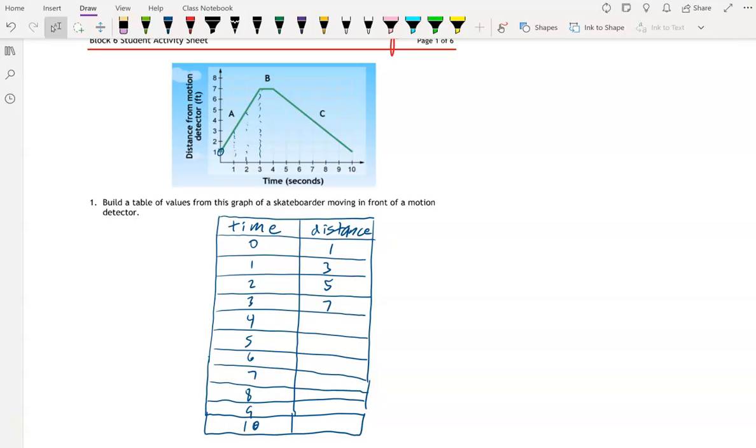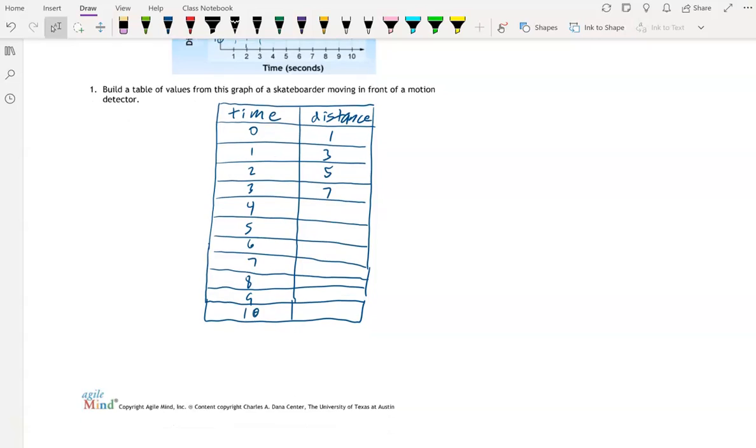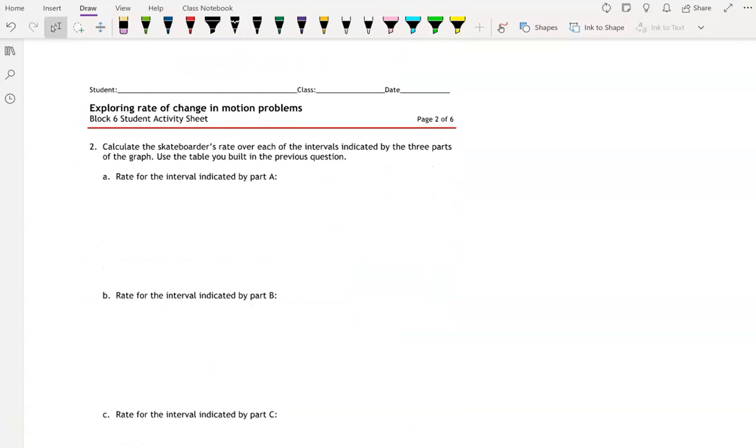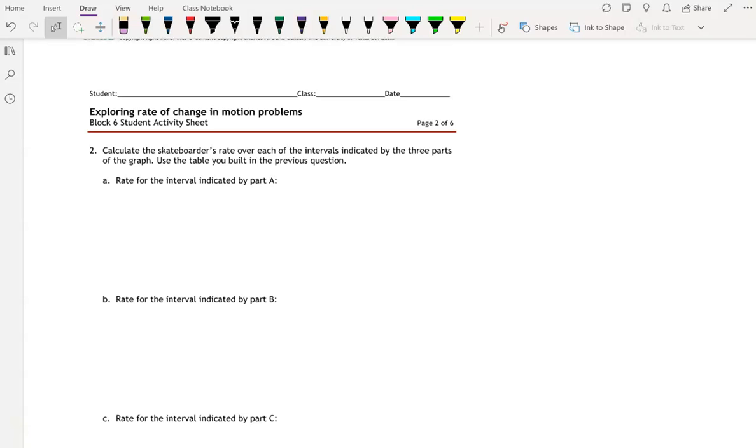Okay, now that you've completed that, you'll want to use the information from your table on the next page, which is page 202. Calculate the skateboarder's rate over the intervals indicated by the 3 parts of the graph.